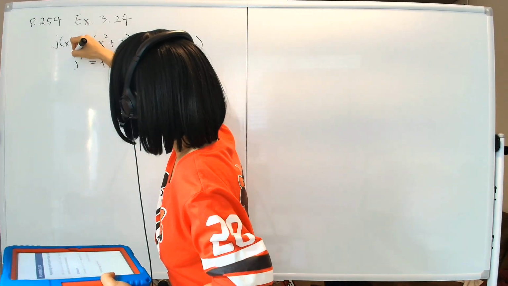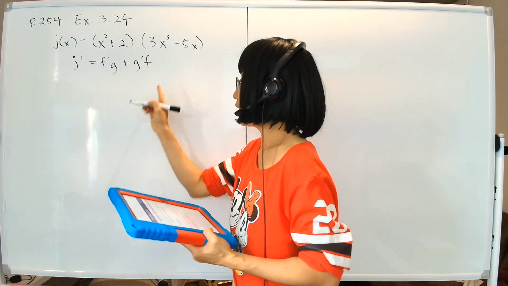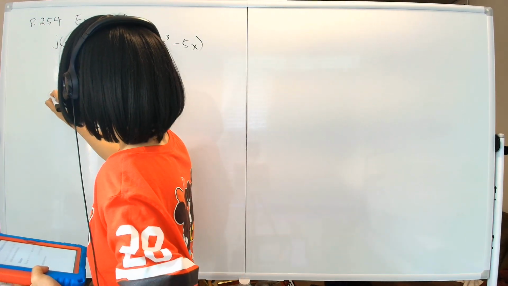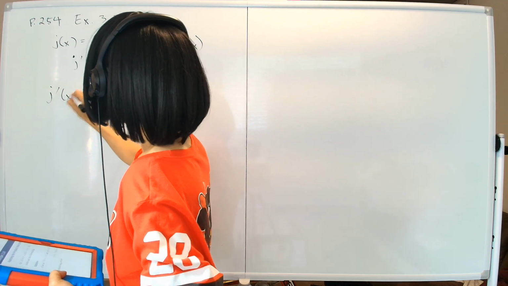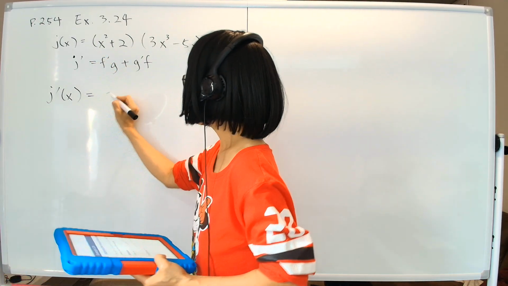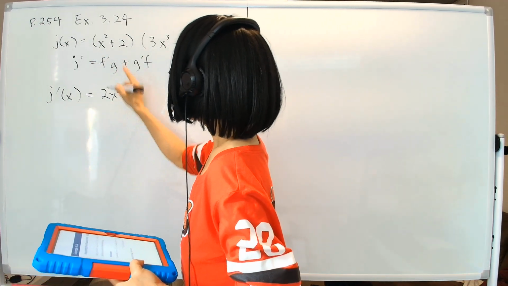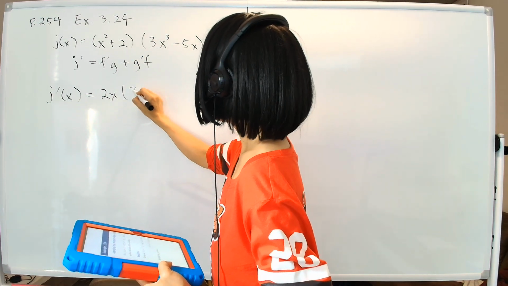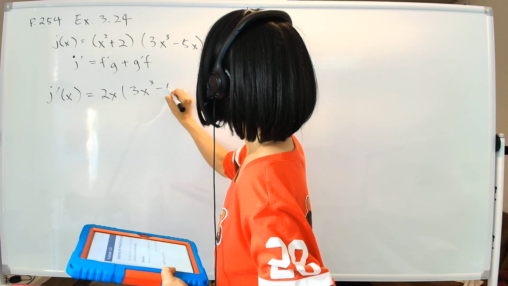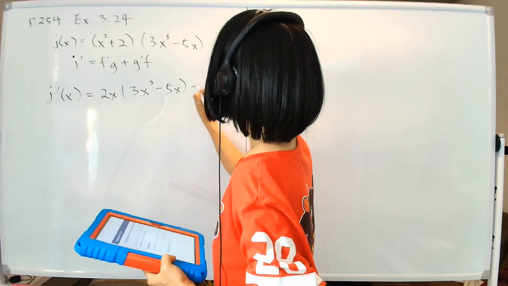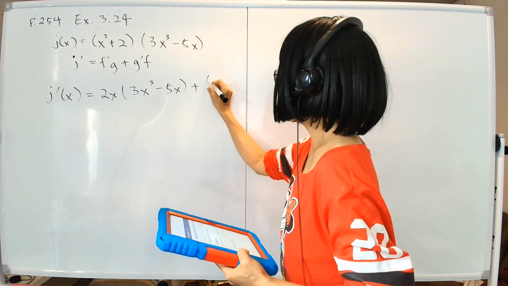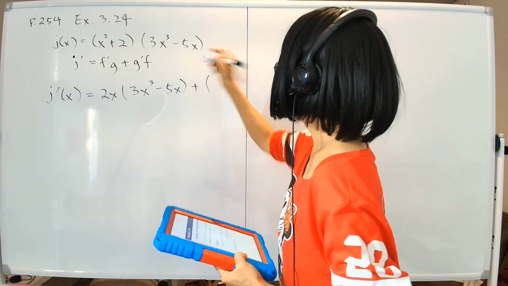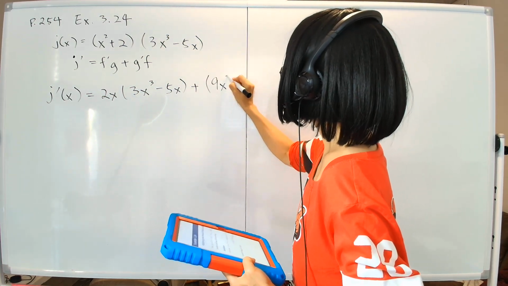Anyway, following that rule, we will do so: j prime of x equals f prime, that's 2x, that we'll consider f, times the second, 3x cubed minus 5x, and then plus the derivative of the second, which is 3 times 3 is 9, applying the power rule, 9x squared minus 5.